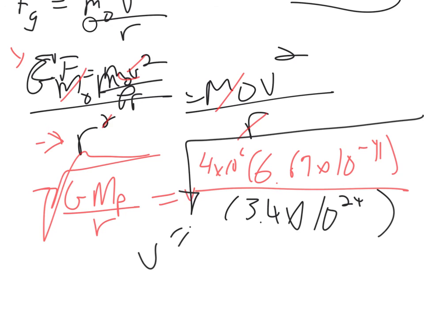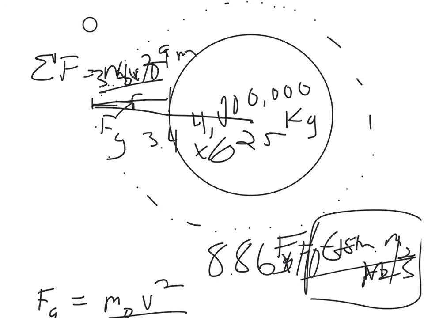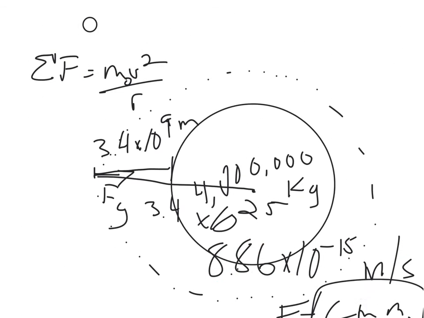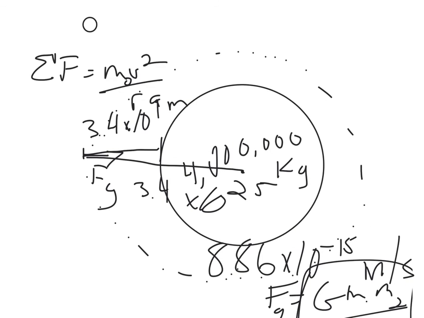And if all my math came out right, that should be a velocity of 8.86 times 10 to the negative 15th meters per second, which is very, very slow. But you have to realize that this object is very, very far out from the center of that planet. The gravity is not affecting it that much.